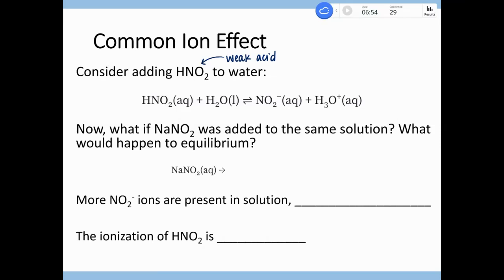So if you add HNO2 to pure water, it will act as an acid. It will donate a proton and produce some NO2 minus and some H3O plus. But a lot of it does remain as HNO2 because it's a weak acid. That's our definition of weak acid. The K will be less than 1.